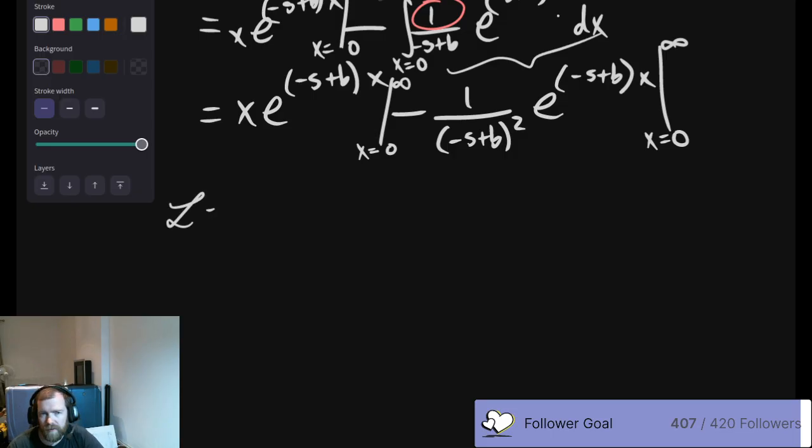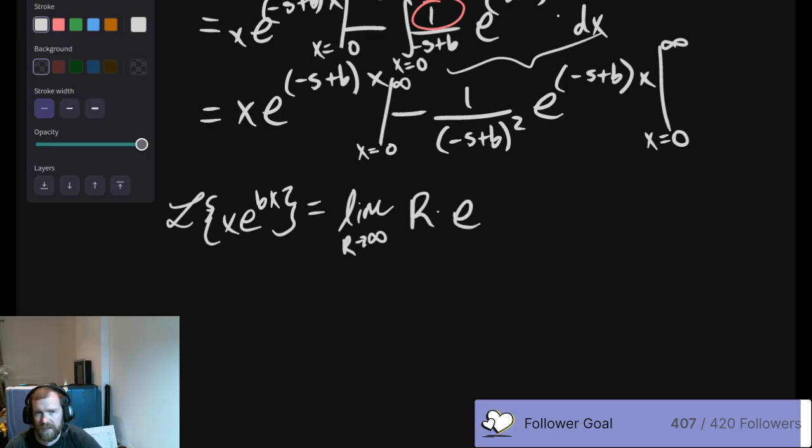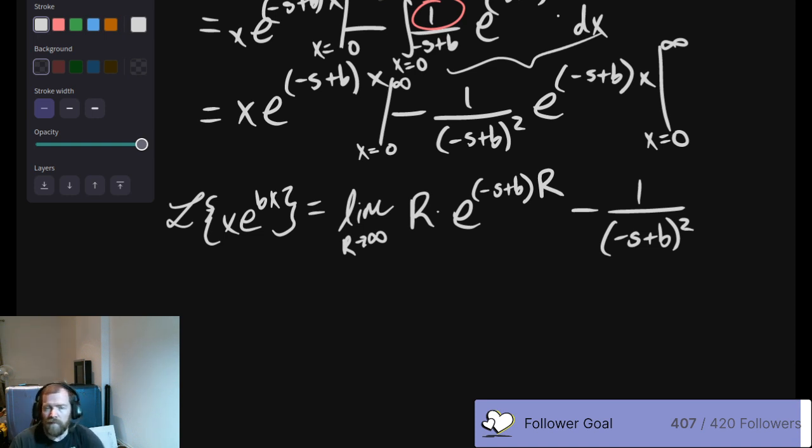Okay, so the Laplace transform of x e to the bx is going to be equal to, in this particular case, the limit as r goes to infinity of r times e to the parentheses negative s plus b times r, minus 1 over negative s plus b squared times e to the negative s plus b times r.